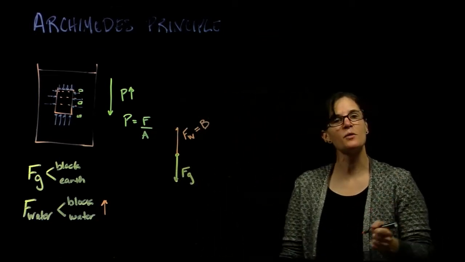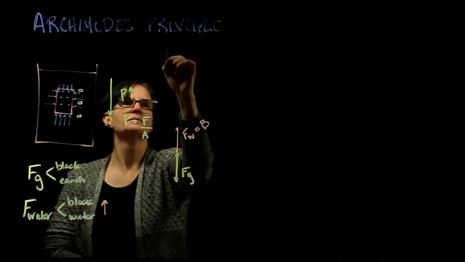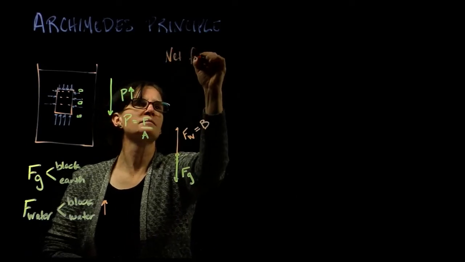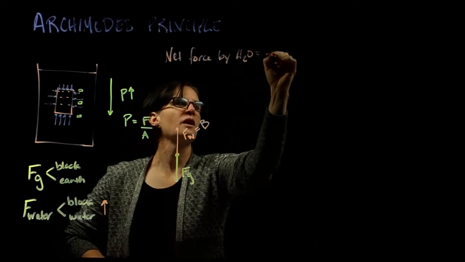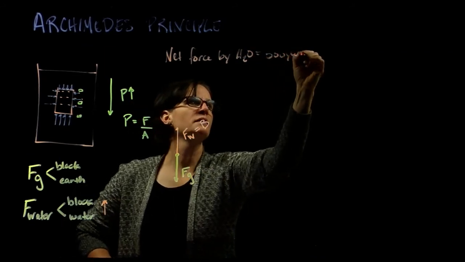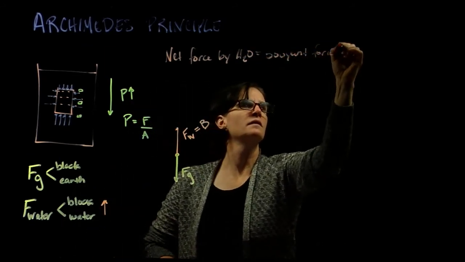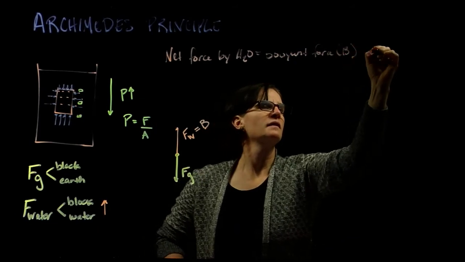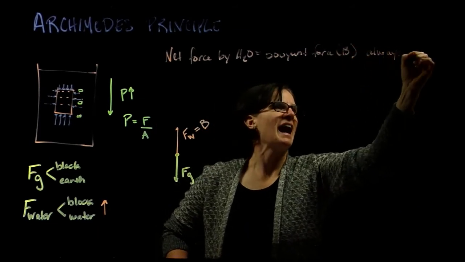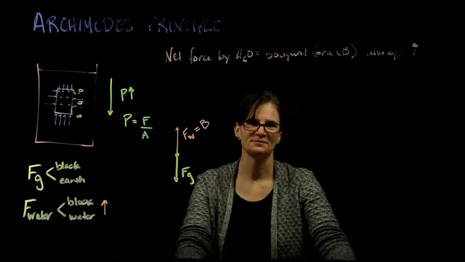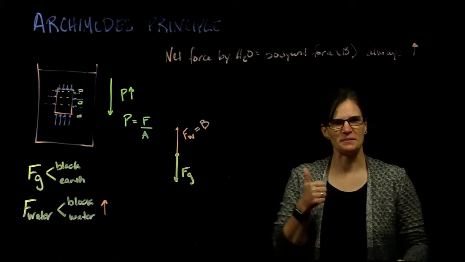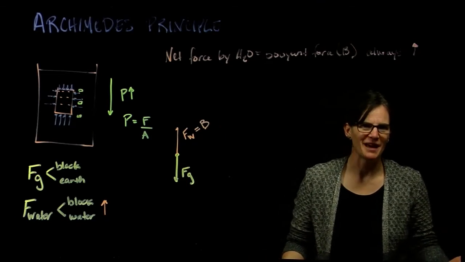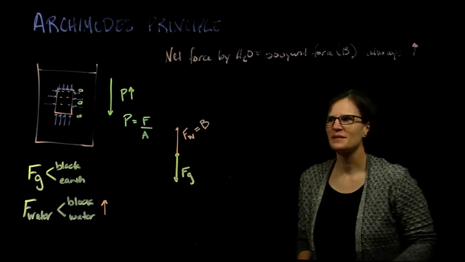So the net force by the water we call the buoyant force. And it acts upwards. All right, so the net force by the water, or by any fluid that we have, is going to be up.